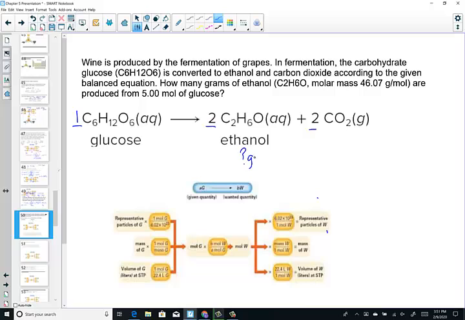How many grams of ethanol? Well, I'm going to just make a note. That's my target. That's what I want to know, the mass of ethanol. They're produced from 5 moles of glucose. So I'm starting here. I'm given the moles of glucose. And what do we want?